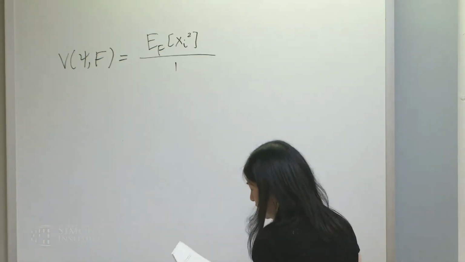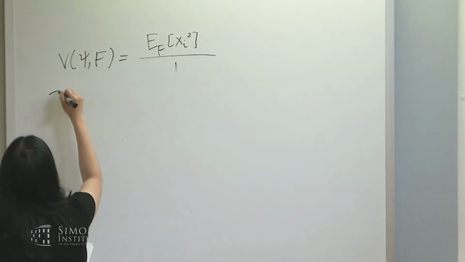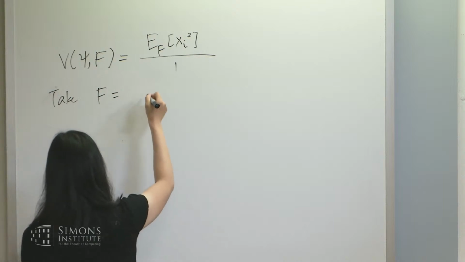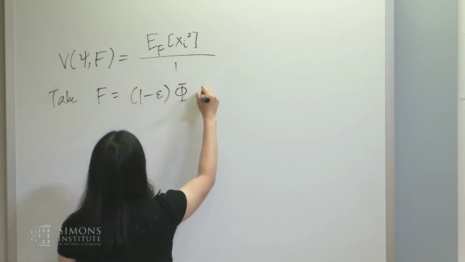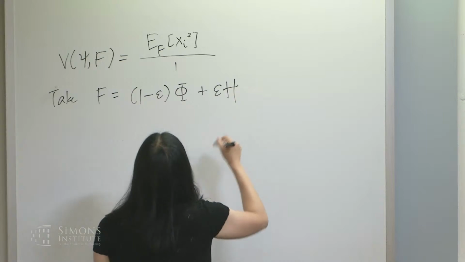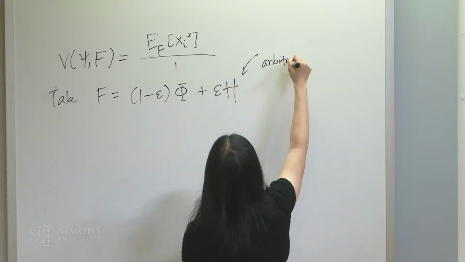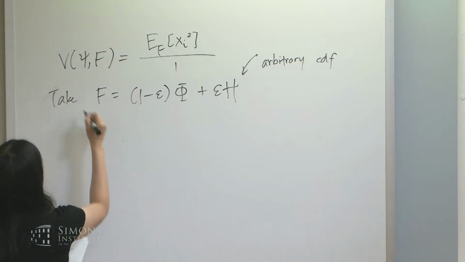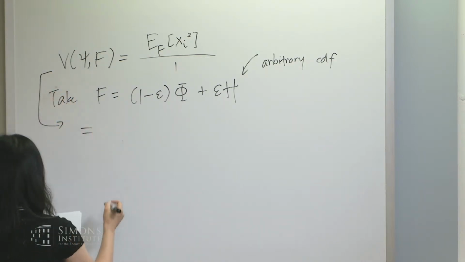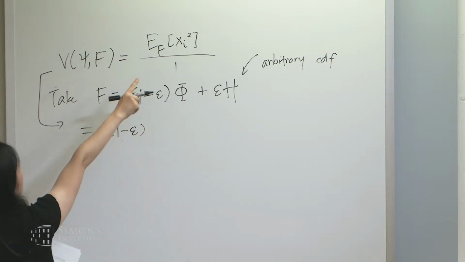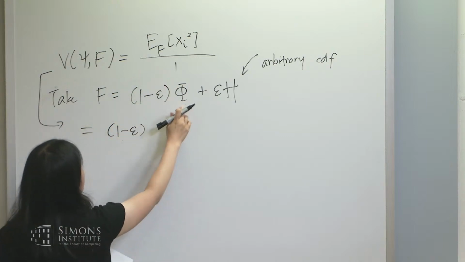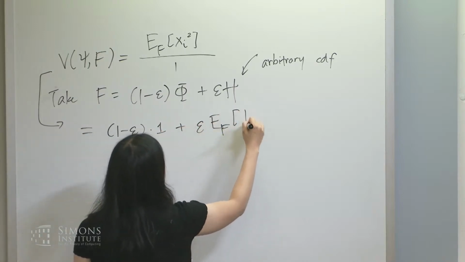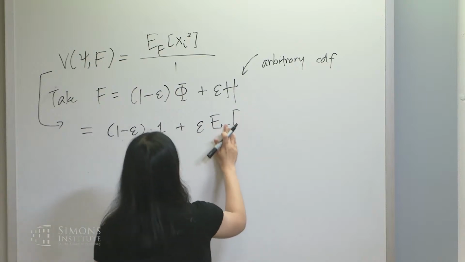Now if we take f equal to 1 minus epsilon phi plus epsilon h, where h is some arbitrary CDF, then that means V of psi, f is equal to 1 minus epsilon times the expected value of xi squared under the standard normal, which is 1, plus epsilon times the expectation under h of xi squared.